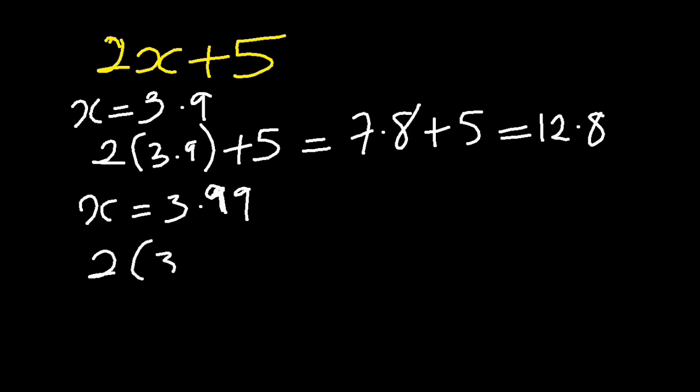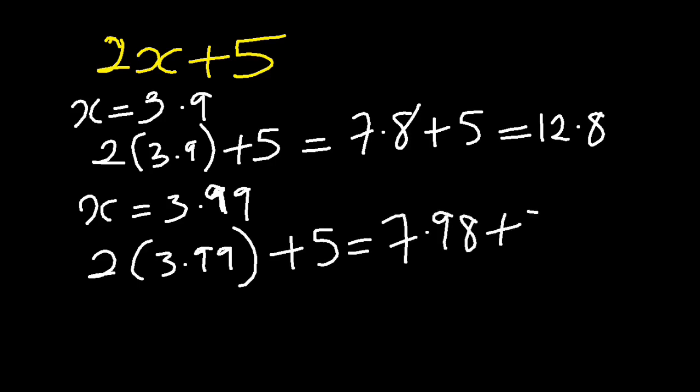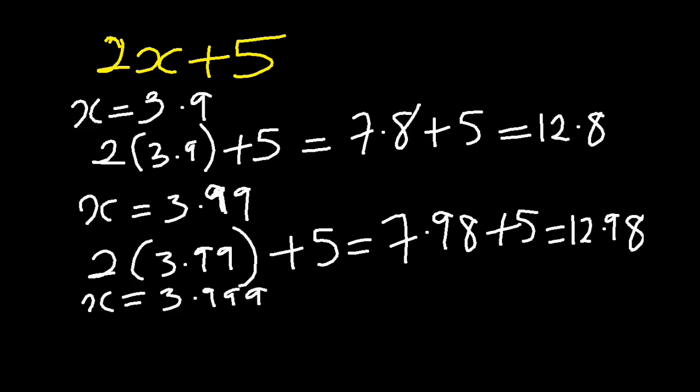And when x is equal to 3.99, we have 2 into brackets 3.99 plus 5. This is equal to 7.98 plus 5, which is 12.98. The one that is closer to 4, which is x is equal to 3.999.